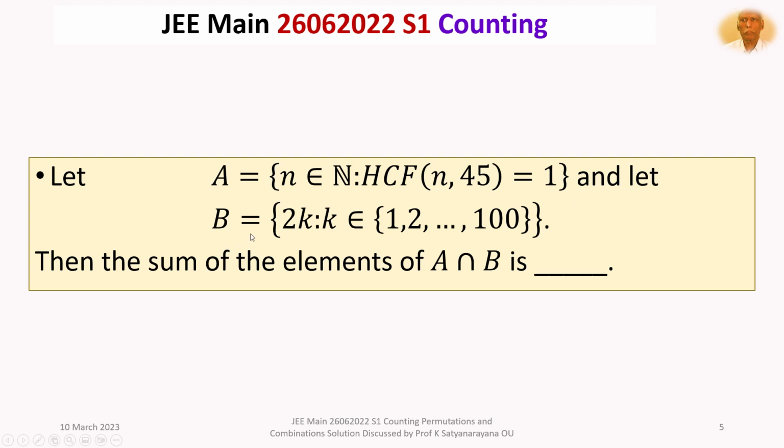Let B be the set of all even natural numbers from 2 to 200. 2k, k belongs to the set consisting of 1 to 100, means the set of all those even natural numbers 2, 4, 6 up to 200. Required to find the sum of the elements of A intersection B.